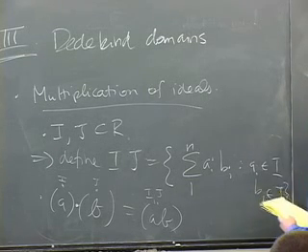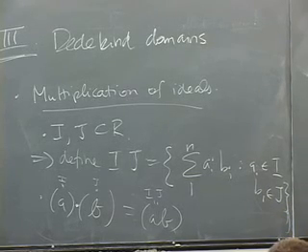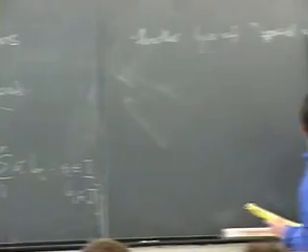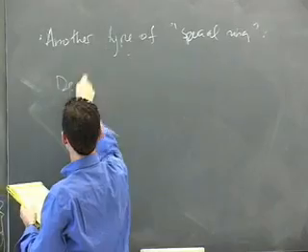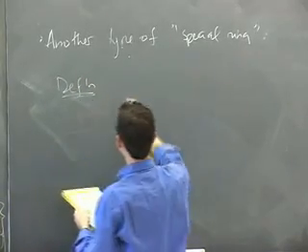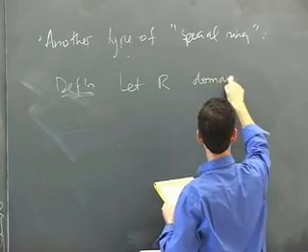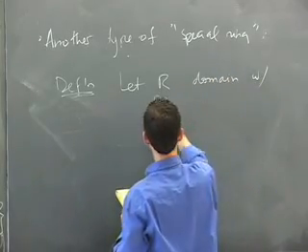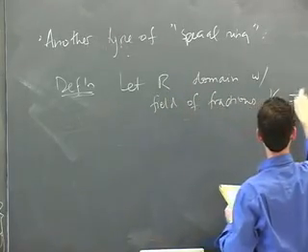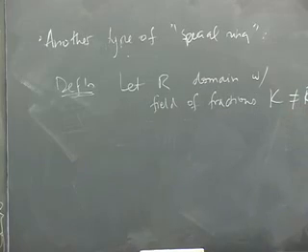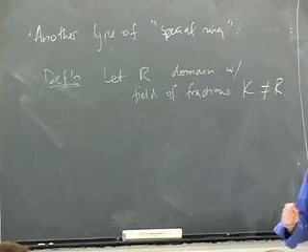So, as I promised, here's another type of special ring. Suppose we have a domain R with field of fractions K, and assume that R is not equal to K. Put another way, we have a domain which is not a field.